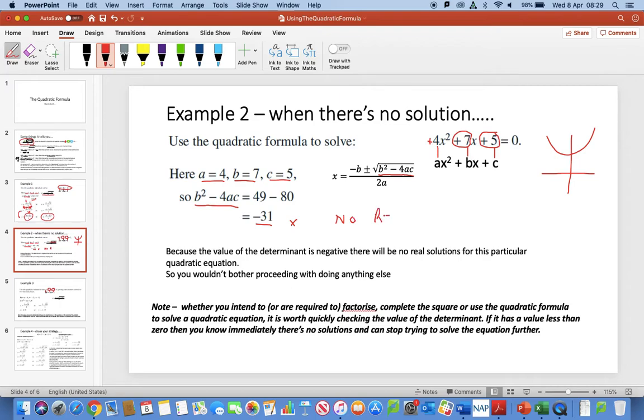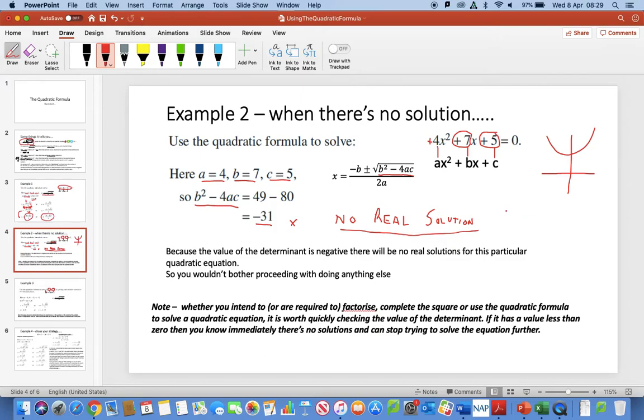Now, not for this year, although if you Google imaginary numbers, there's plenty on the internet about what it's all about, but you would look at that more in year 11 and year 12, especially if you go on and do maths specialist. You'll understand a little bit more about what no real solutions mean. And for all intents and purposes for this course, there is no possible solution ever to that particular equation.